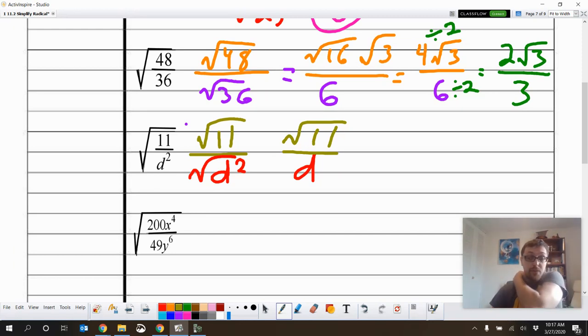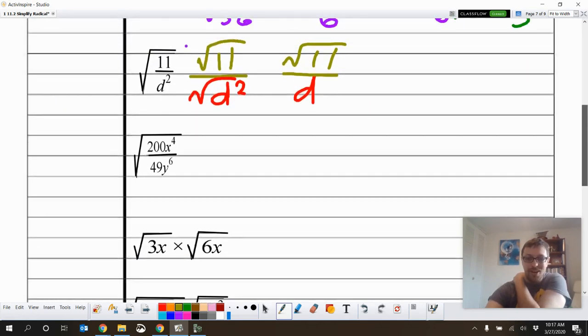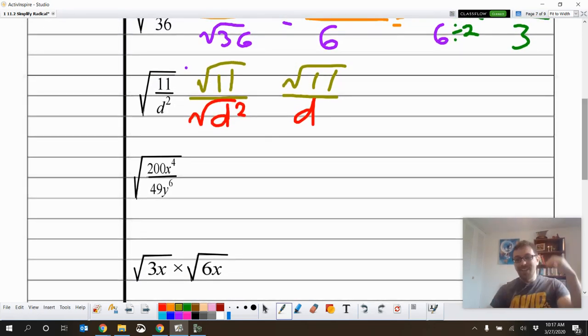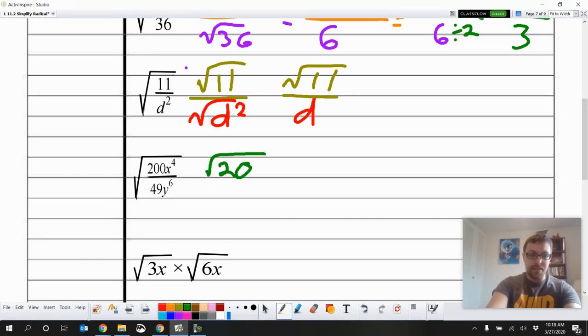All right, and now we've got one last problem, I believe. Oh, no, we got a few more. In this one, we're actually going to break this up into 4 separate problems. We've got two numbers. Those are going to need to be simplified. And then we've got two exponents, and those are going to need to be simplified. So this is really a four problem, not one problem.